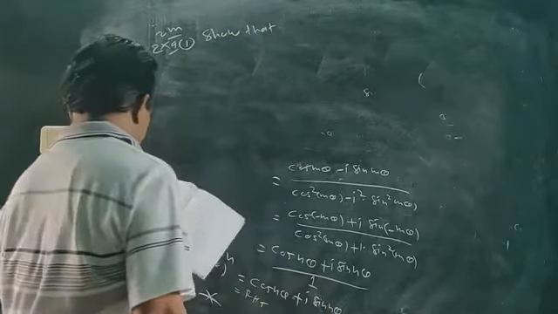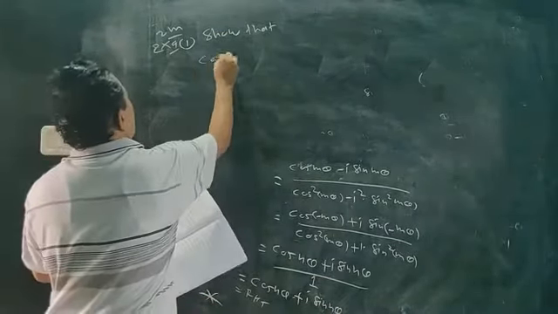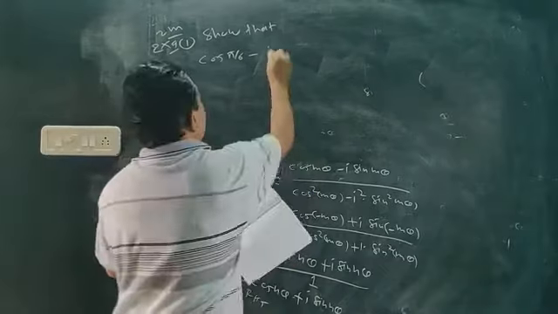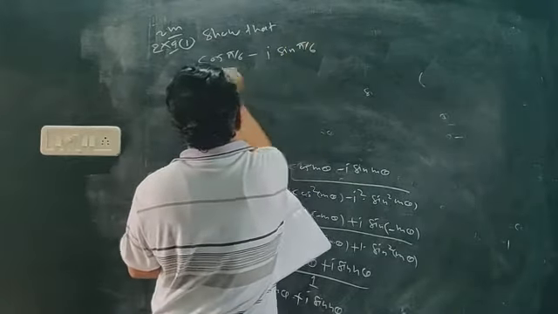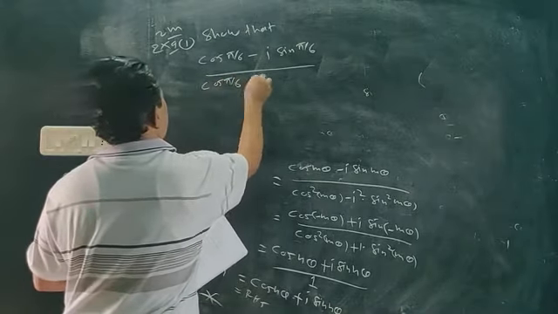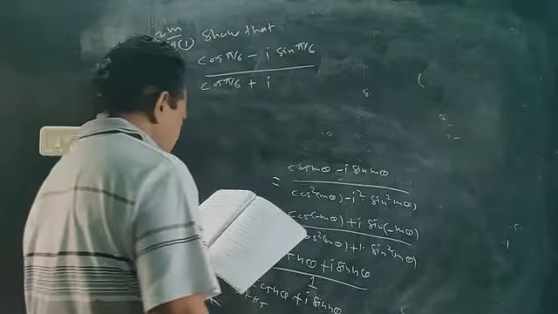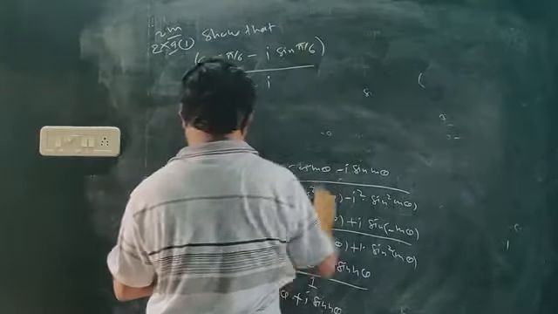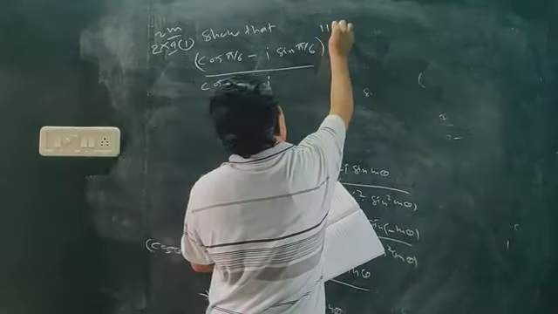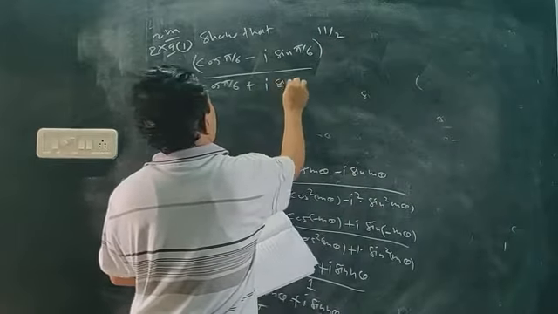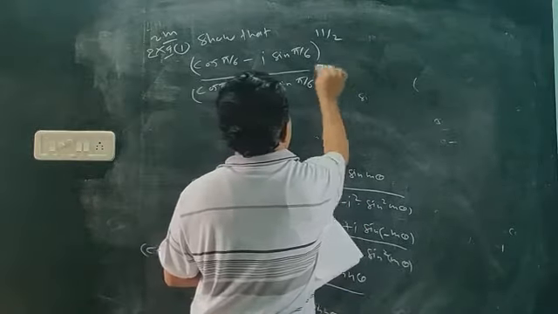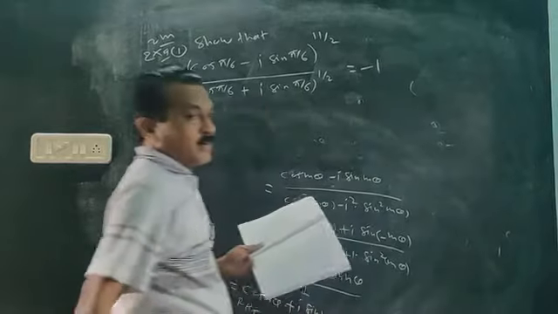Show that cos of pi by 6 minus I sin pi by 6 upon cos of pi by 6 plus I sin pi by 6, raised to power 11 by 2 and 1 by 2 respectively, so this answer must be minus 1.